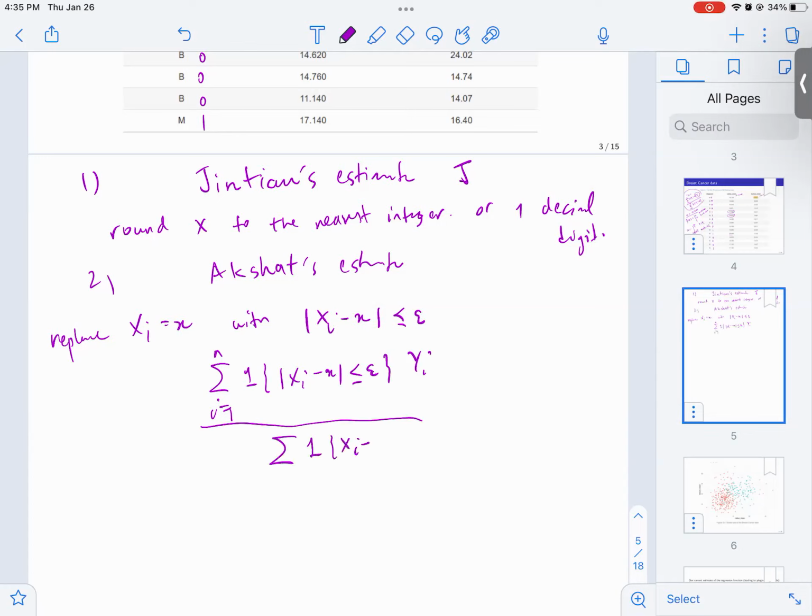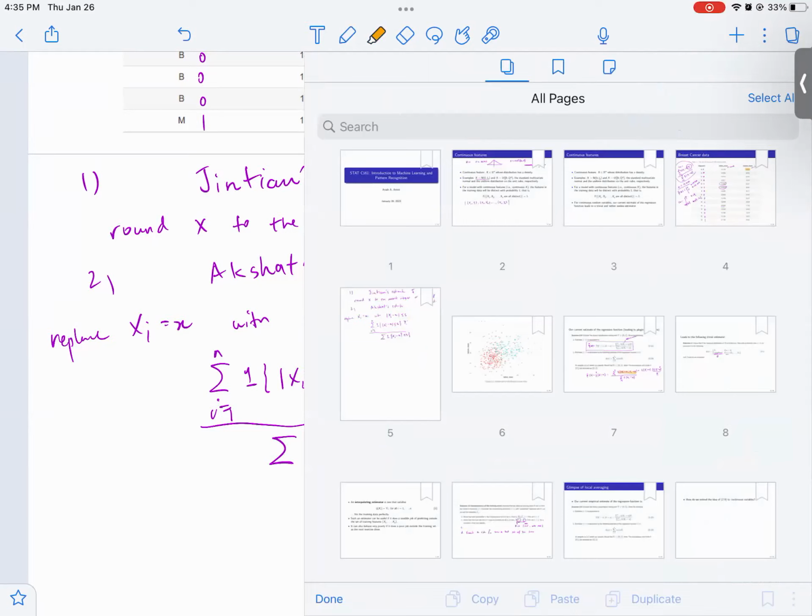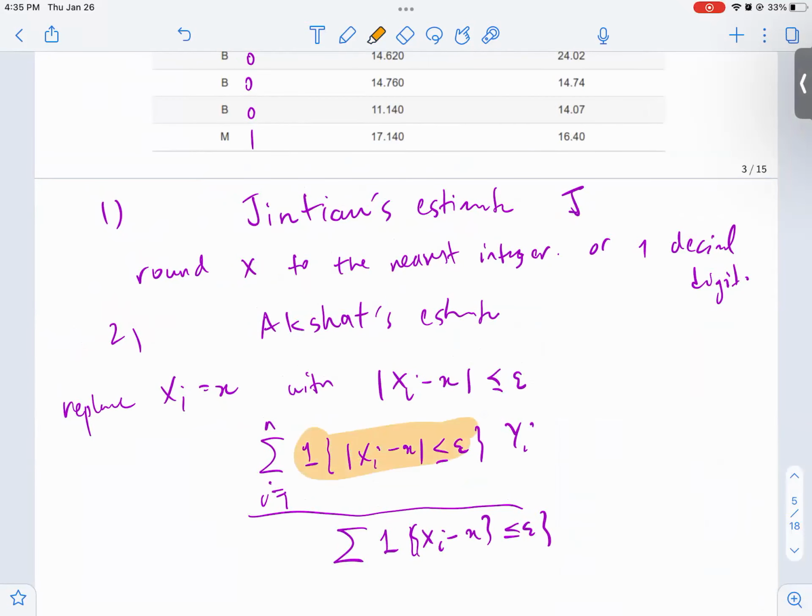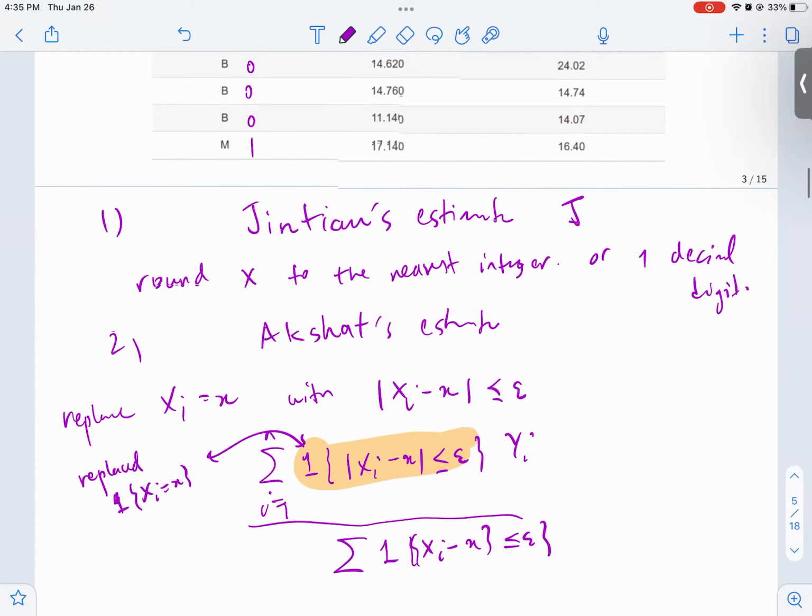So basically, you just replaced the indicator that xi is exactly equal with this, which is saying xi is epsilon close to x. And this was the same in the denominator, if you remember.